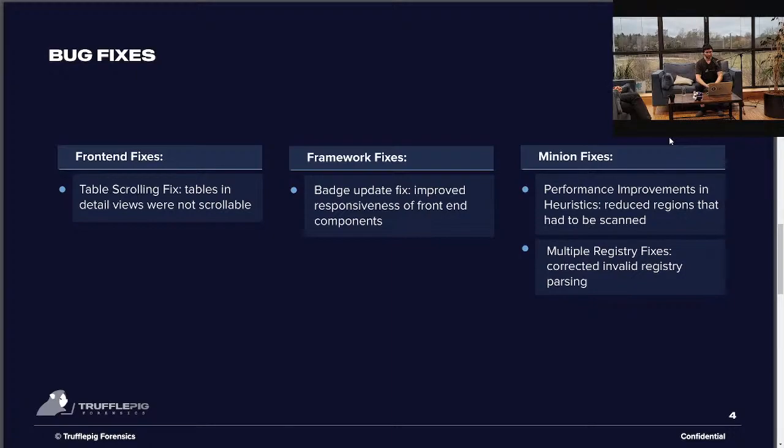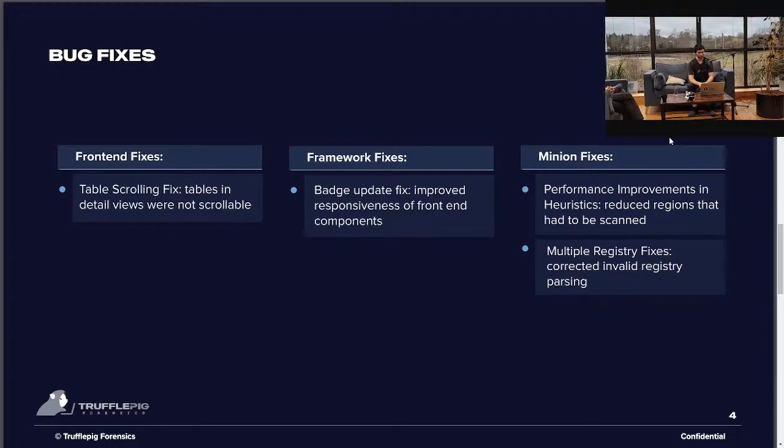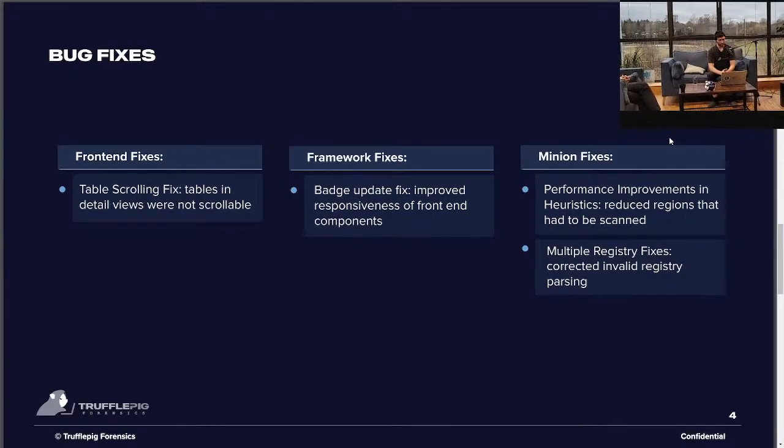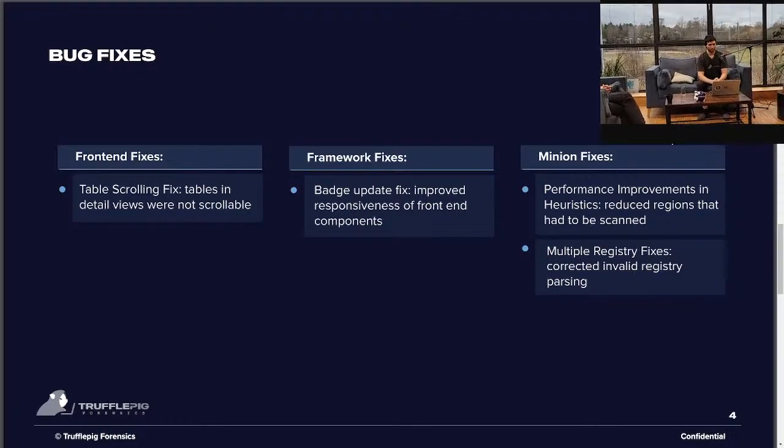And in the minion we found 2 or 3 issues in the registry parsing that led to several problems. One of which was, for example, when reading a big binary key, so multiple kilobytes, it might have happened that the later part of the value gets messed up, and that's of course not nice.